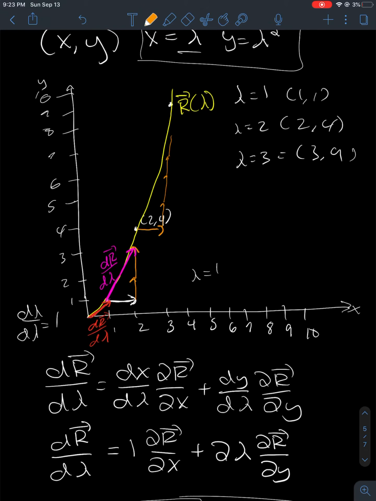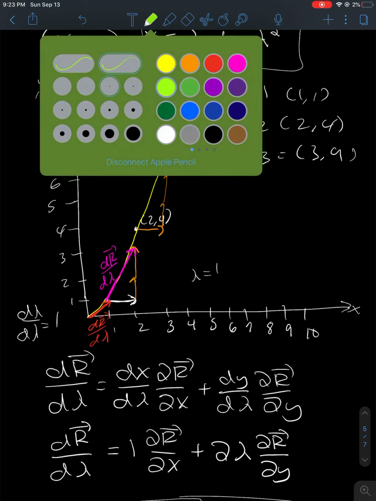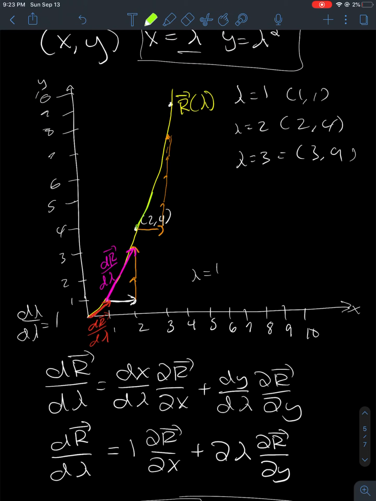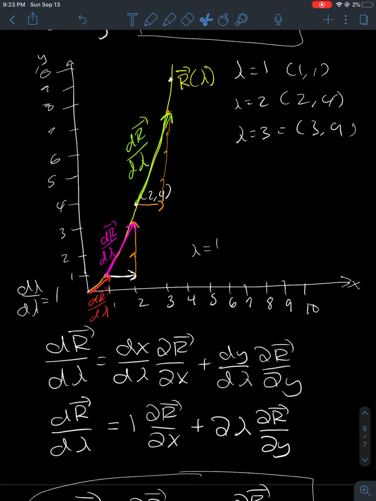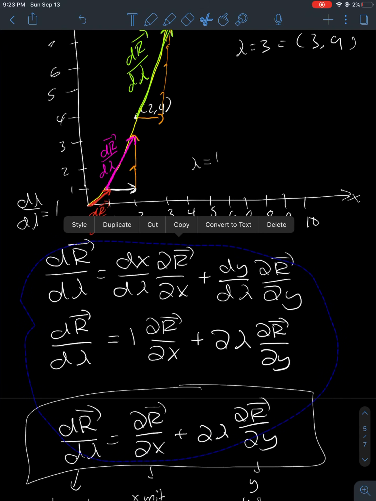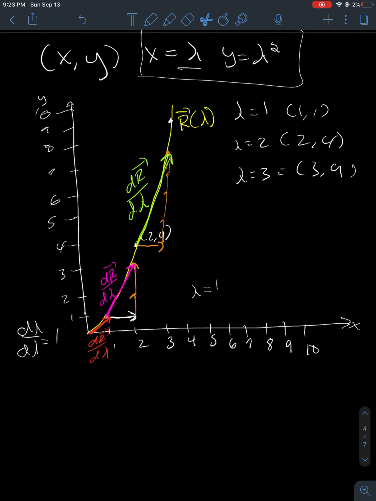And that makes sense because at 4, that's where it meets the curve, right there. And we get this tangent vector right here, dr over d lambda. So if we just remove all this junk over here, we can just move these away.